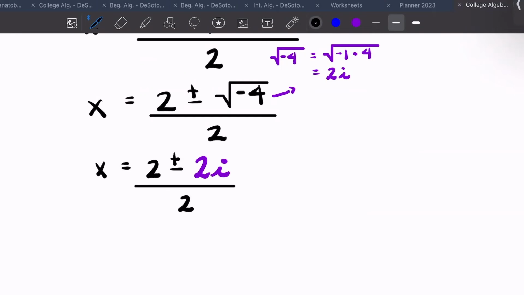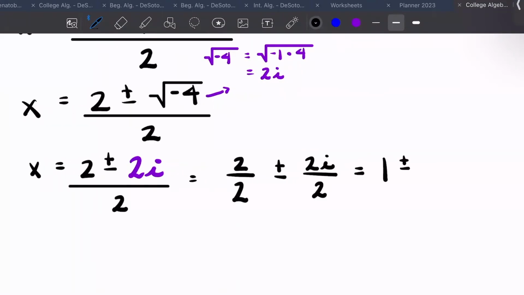Now, I have this over one number, just 2. So I can split them up and I can say 2 over 2 plus or minus 2i over 2. And that's going to give me, well, 2 over 2 is 1, plus or minus 2 over 2 again here is 1.